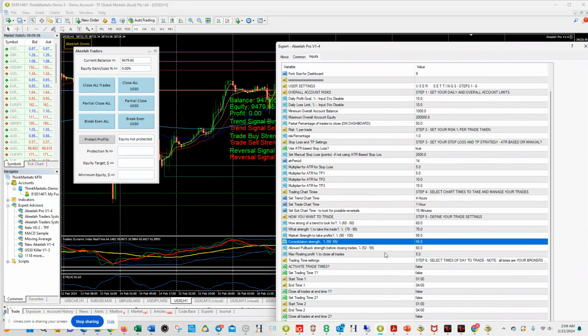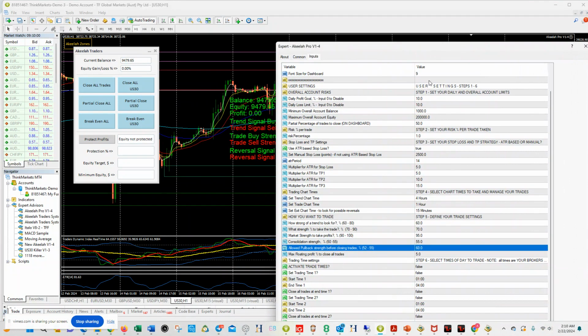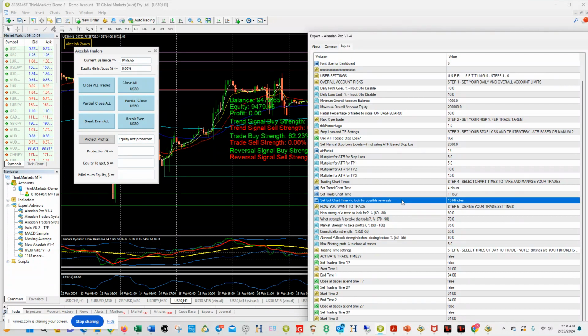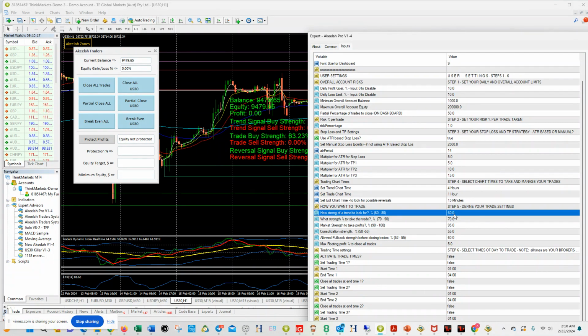Okay. Next one is pullback strength. So, how much of a pullback do I want to look for? The pullback strength operates on my exit time frame. So, on my 15-minute chart, if I'm, say, in a buy, for example, I got in because the 4 hour is at least 60% bullish. The 1 hour reached 70% bullish, so I started buying.